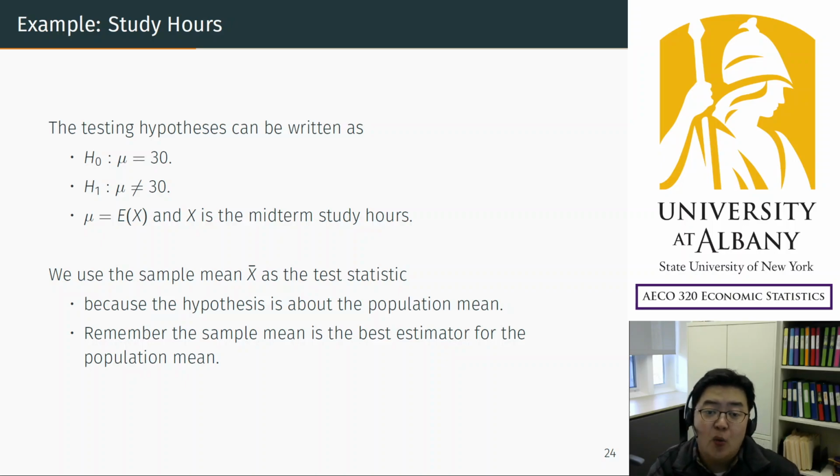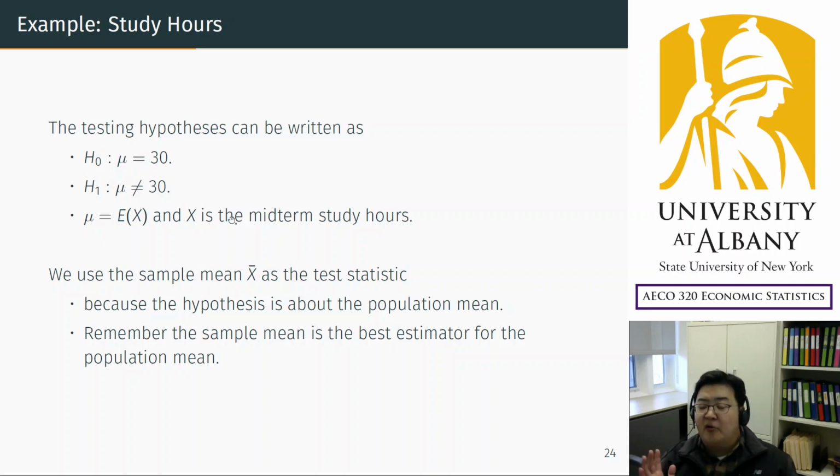Okay, that is set, and also already the significance level was set as 5%. And then next, we have to find the test statistic. We are going to use x bar, the sample mean, as the test statistic, because we are talking about the population mean in the hypothesis.